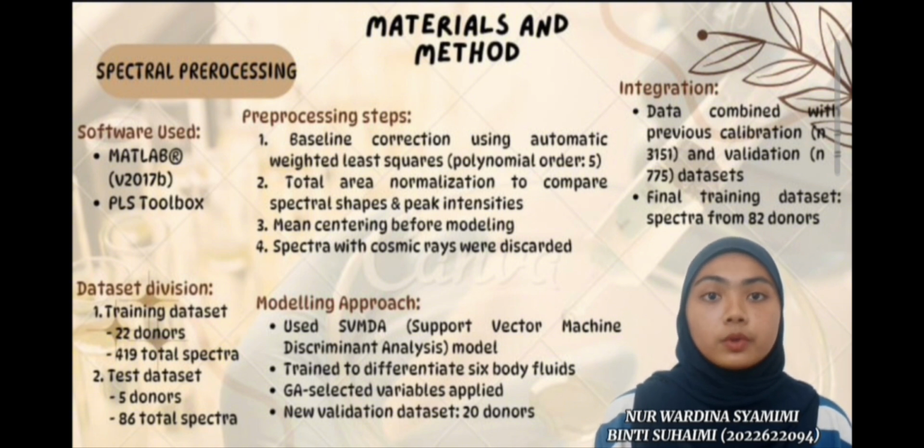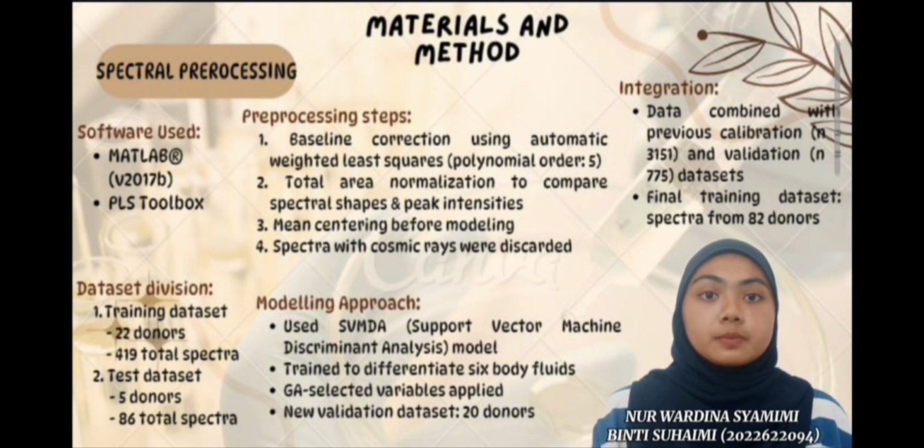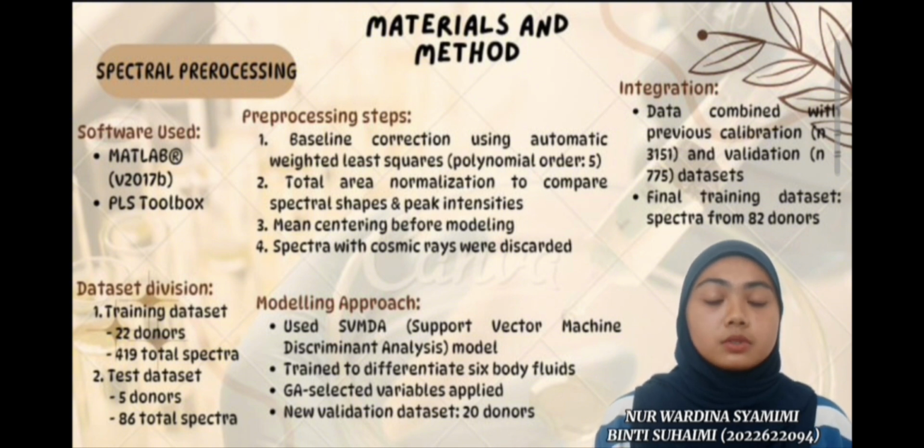Before moving forward with modeling, we mean-center the data. We also remove any spectra that were affected by cosmic rays to ensure the accuracy of the results. Next, we split the preprocessed spectra into two main sets. The training dataset included 22 donors and 419 total spectra, while the test dataset included 5 donors and 86 spectra.